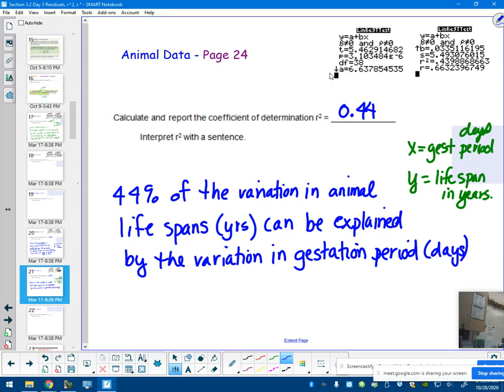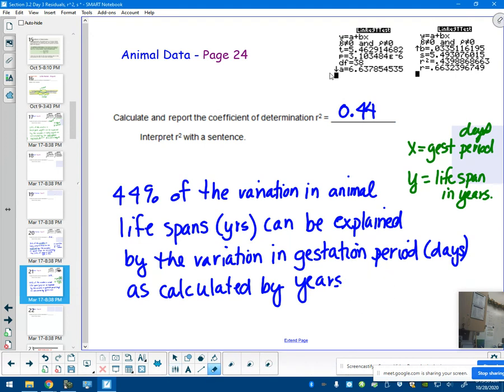And how did we get there? As calculated by years on days. Or you could say, as calculated by lifespan on gestation.